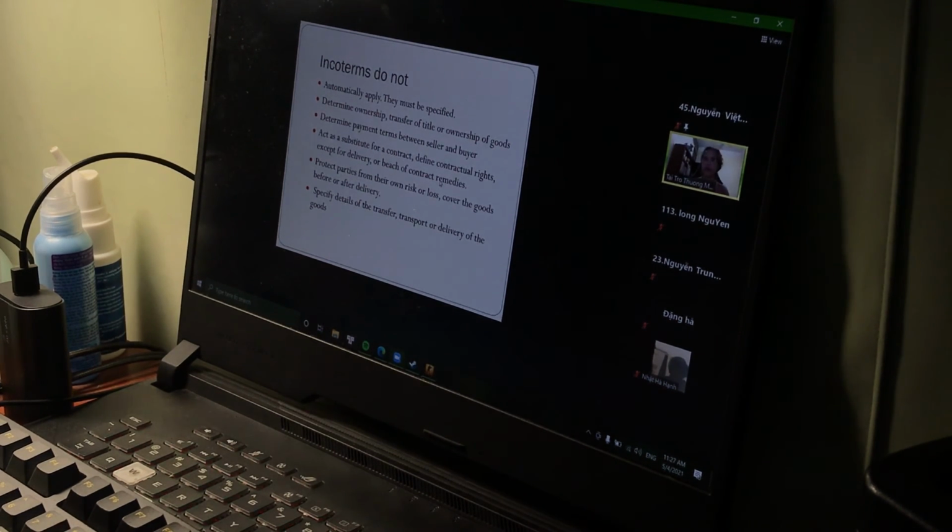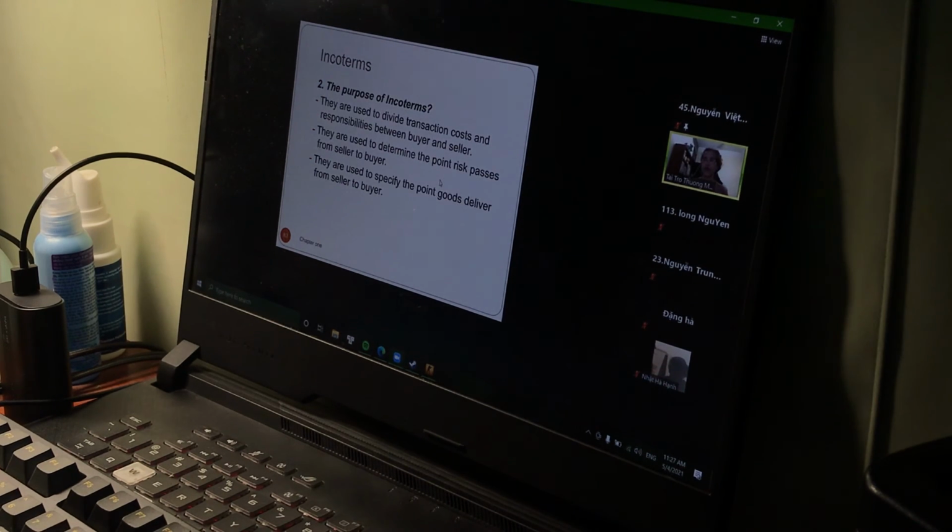Okay, so now we answer the question, what is the purpose of Incoterms? The purpose of Incoterms. Very important, right? Three main purposes.